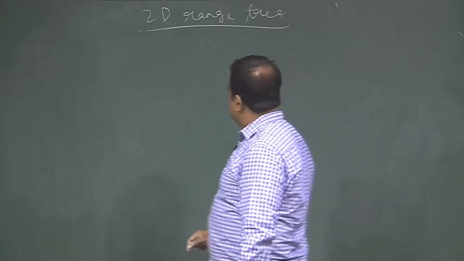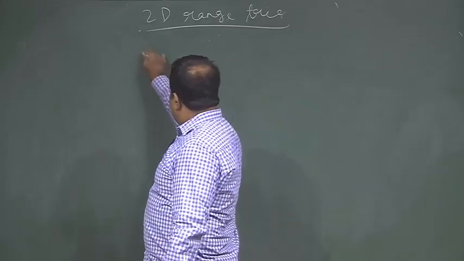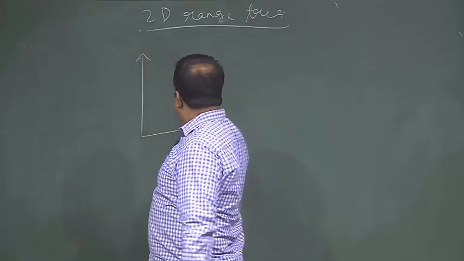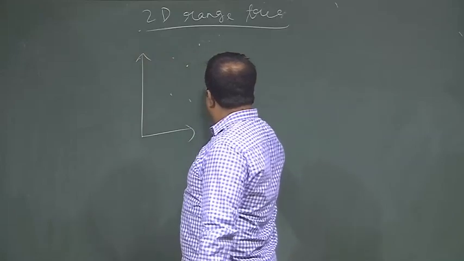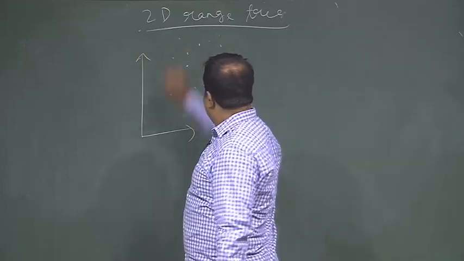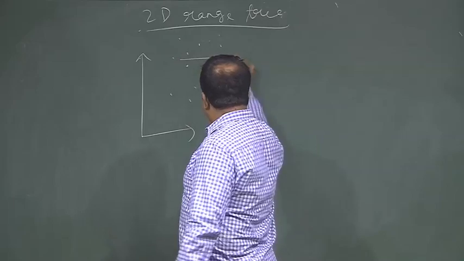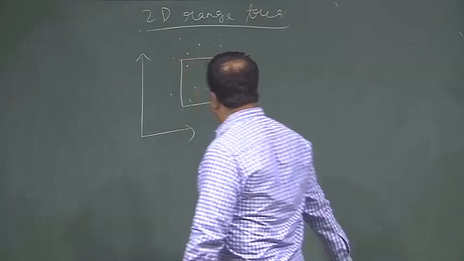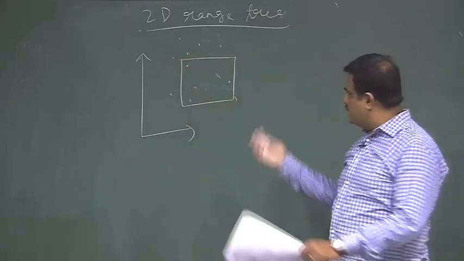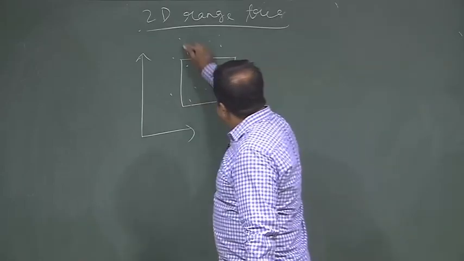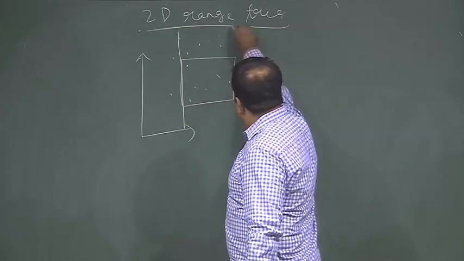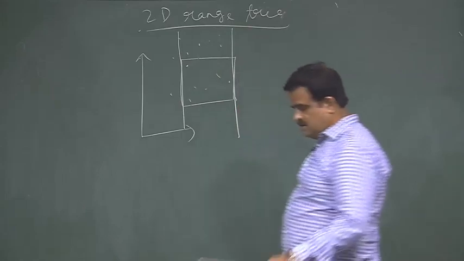So, 2D range search, what do we do? We have 2 dimensional points. Okay. And 2D range search means we have a rectangle like this, a rectangular box. So, what we do is we first take a 1D range search.